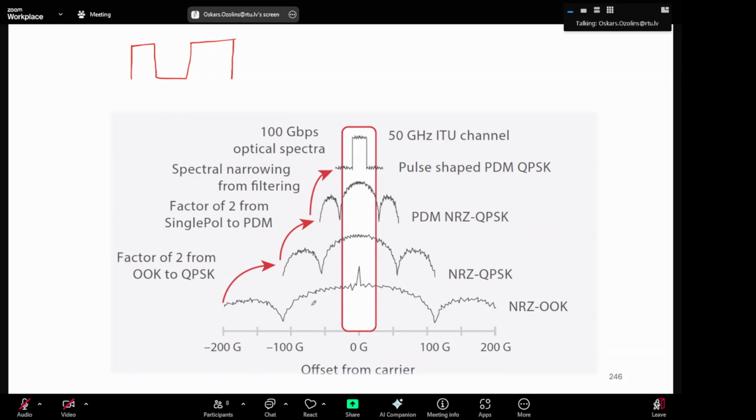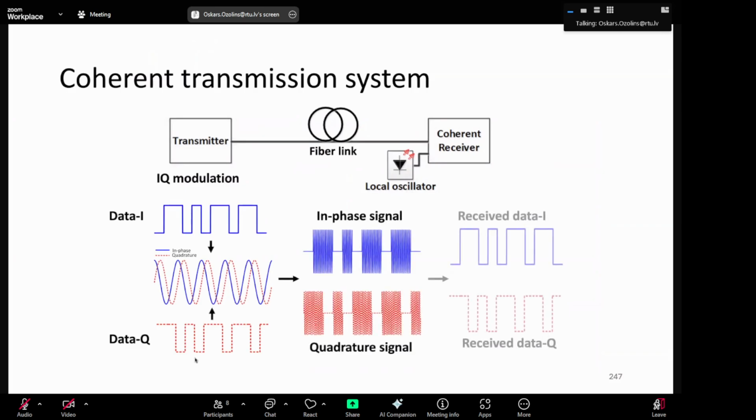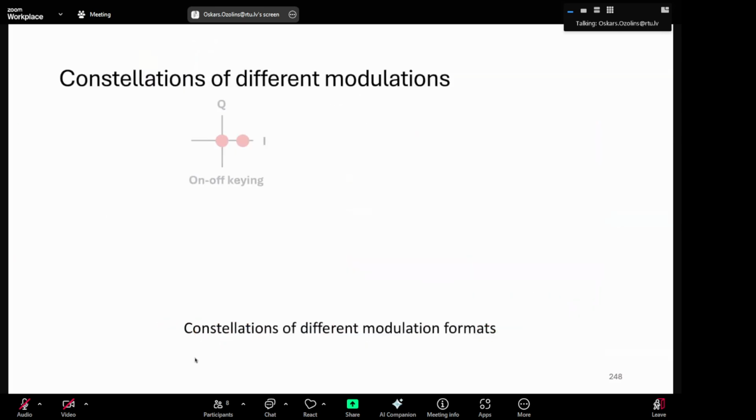And that's impressive across different generations of communication systems, how you can get to these narrow optical spectrums but still deliver 100 gigabits of data. And of course, you need a certain signal to noise ratio to do that. Right. Okay. Then I think we already have this slide, so I'm going to skip it.